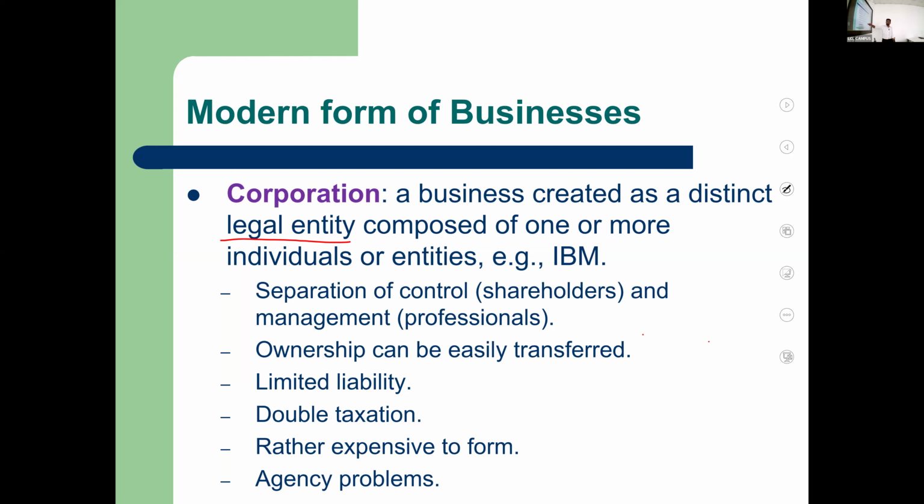It is limited to the number of shares you have. And double taxation, we have discussed that. On the profit as well as the dividend, you need to pay tax.